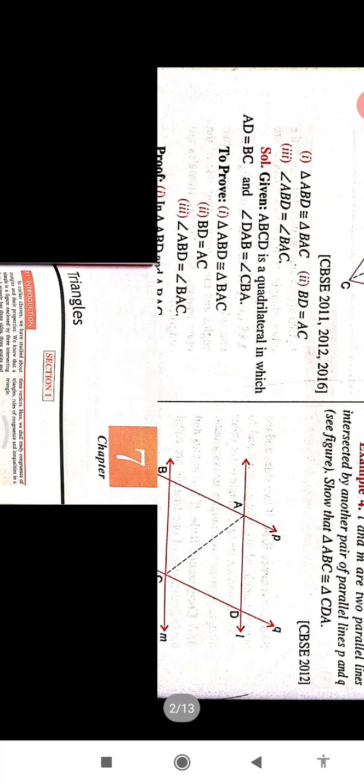Then we can say that CD bisects AB. When a segment bisects, it intersects and the two parts are equal, then it is called a bisector. CPCT means corresponding parts of congruent triangles. This is the short form. If you write it in the exam, it is very good, and your marks will not be cut.